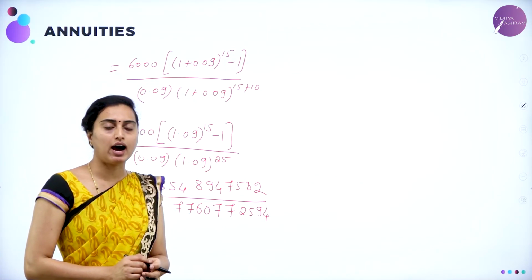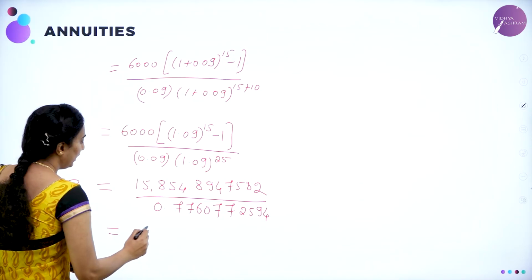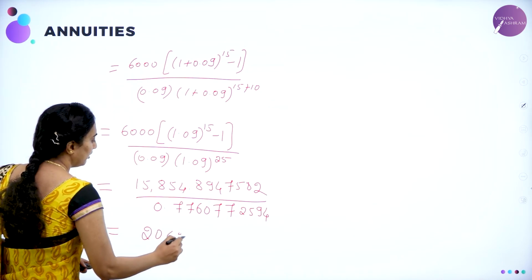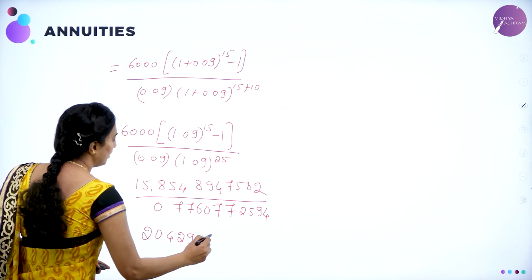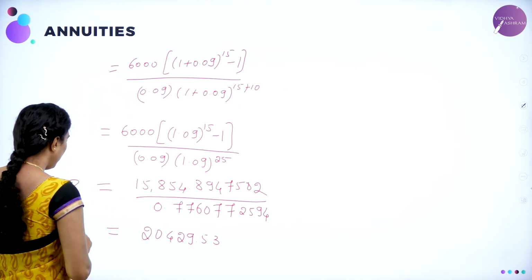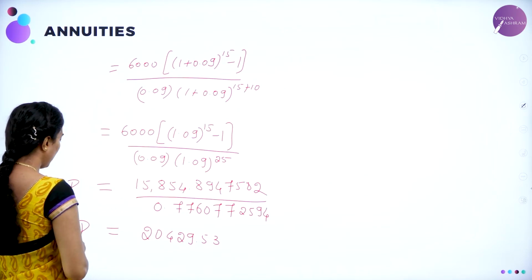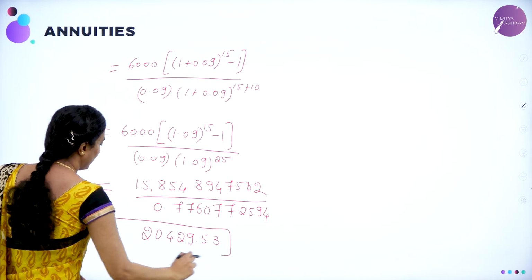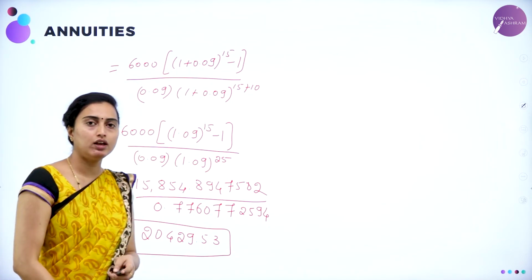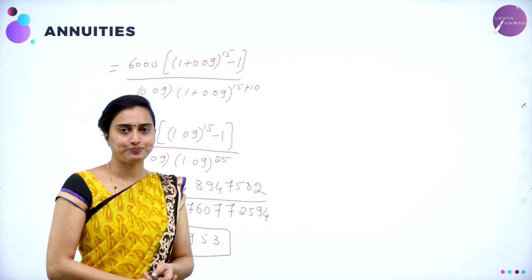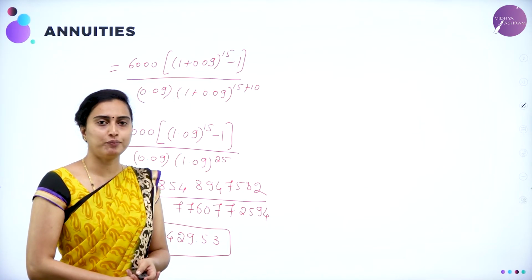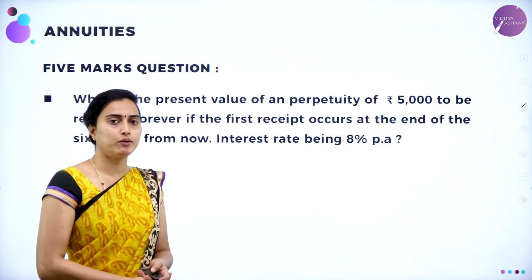You are getting the answer equal to 20,429.531. Okay. If you want, you can round it off to 20,430. Are you getting it? So this is the present value. I hope you understood this problem. We'll move on to the next problem, dears.